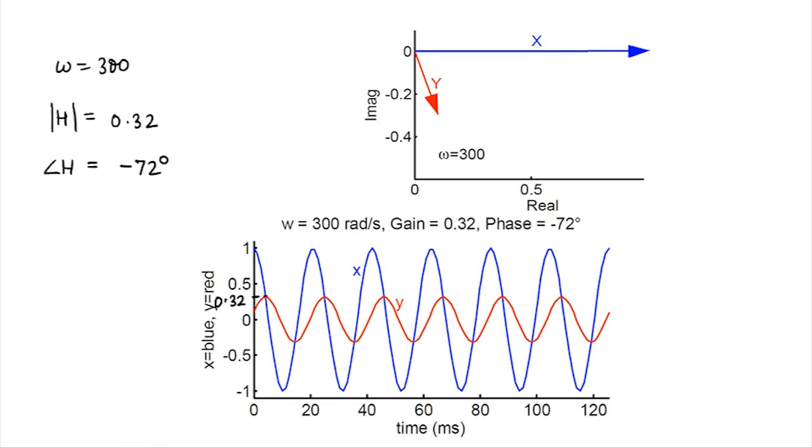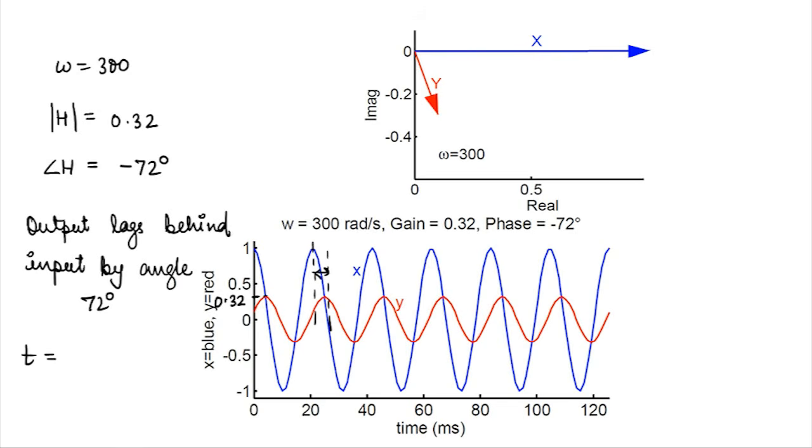It lags behind the input by an angle of 72 degrees, and in time this corresponds to approximately angle by omega, that means omega t by omega, 4 milliseconds. So this lag is approximately 4 milliseconds in time, and in angle it is 72 degrees.